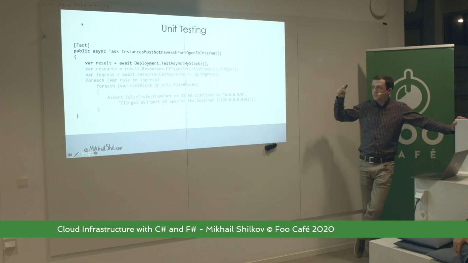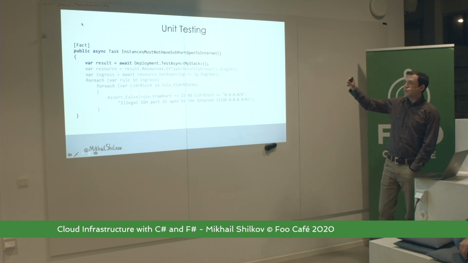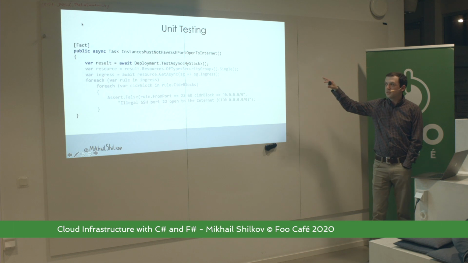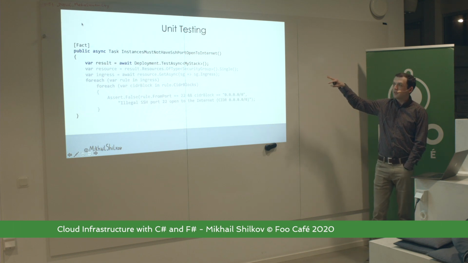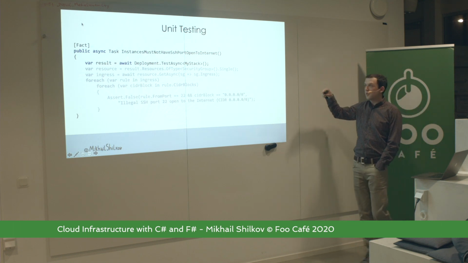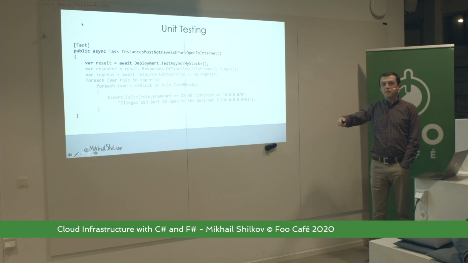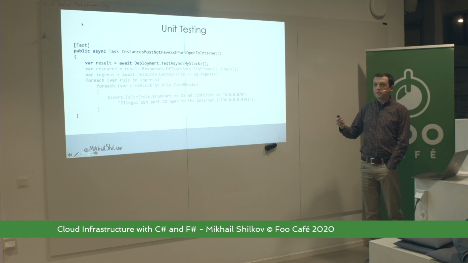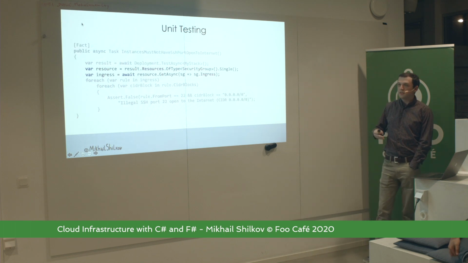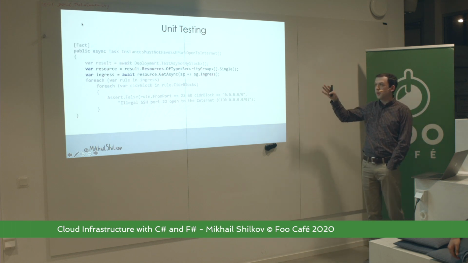So instead of running a deployment, this test runs a deployment test and then passes that stack. And that doesn't do anything in your production or anywhere. It just returns the definition of resources that you are about to create. And then those are C# objects, so you can just start querying them.